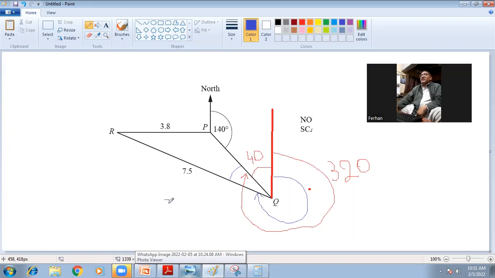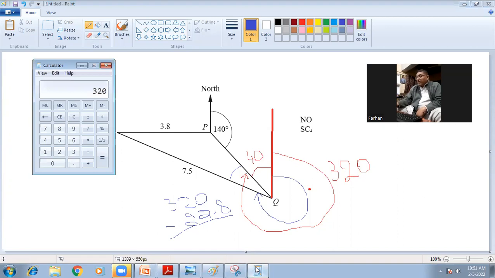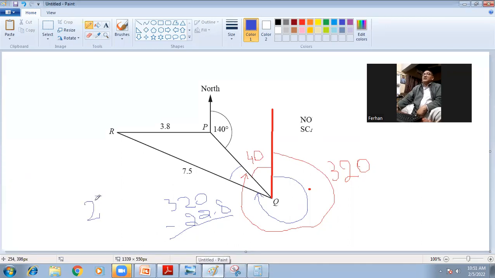So from 320, we will subtract 22.8. So it will be 297 point something, 297.2. So this is how you can find the bearing of the R from the Q.